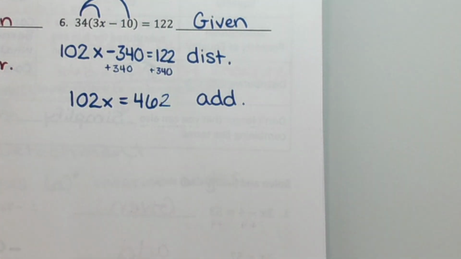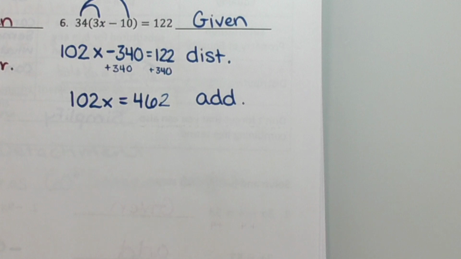I don't know what you're talking about. That was clearly a 2 the entire time. Accidentally. How do we finish it? Divide.